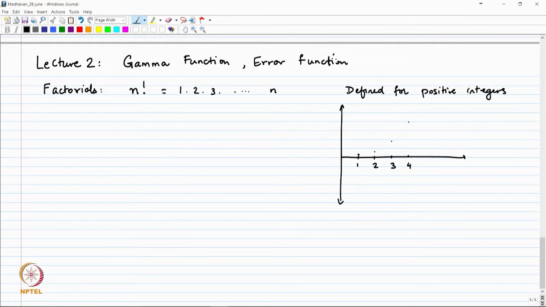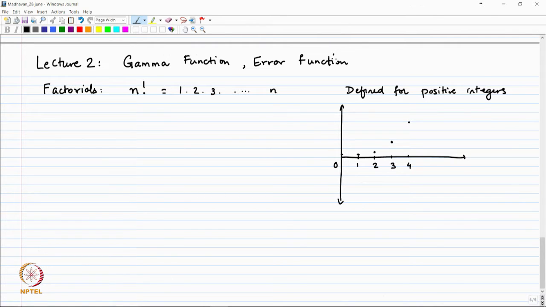So essentially it will have this kind of behavior. It will keep going, and then it will go very high very quickly. Now, I should add that you usually define 0 factorial as 1.